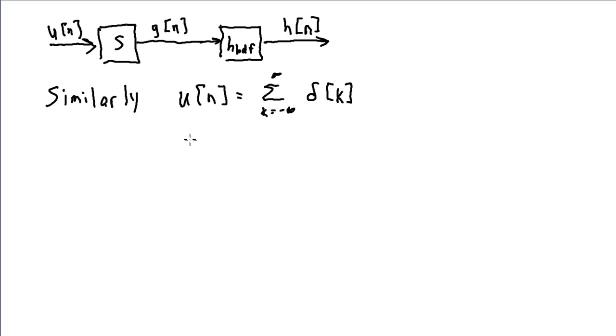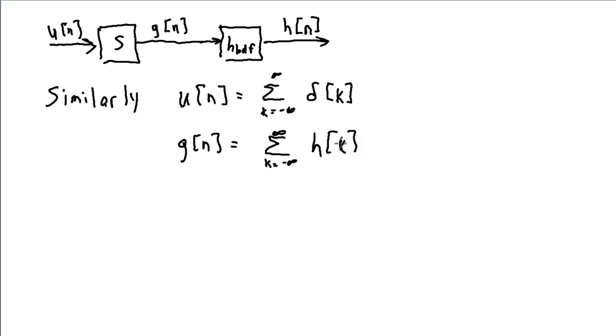Again, we can invoke linearity here to say that I can write u of n as a sum of other functions. So I can write the unit step response as the same sum of the response to those individual functions. Well, we know the response to delta k. That's our impulse response.